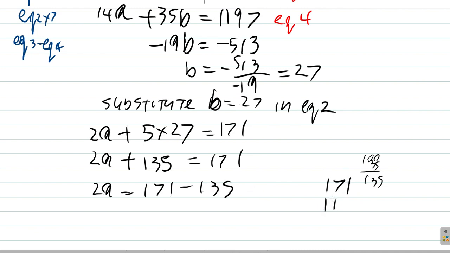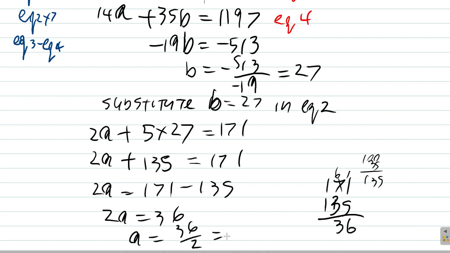Subtract: 2a equal 171 minus 135. Borrowing 1 from 7, leaving 6, gives 11 minus 5 is 6, and 6 minus 3 is 3, so 36. So 2a equal 36, and a equals 36 over 2, which is 18.